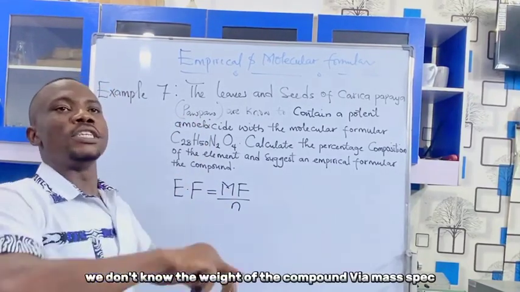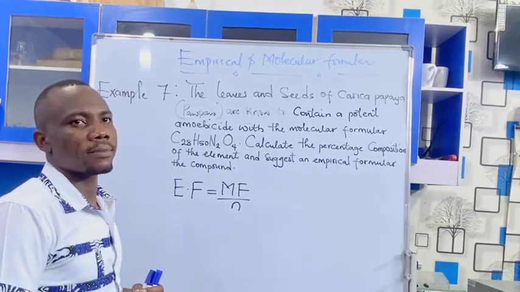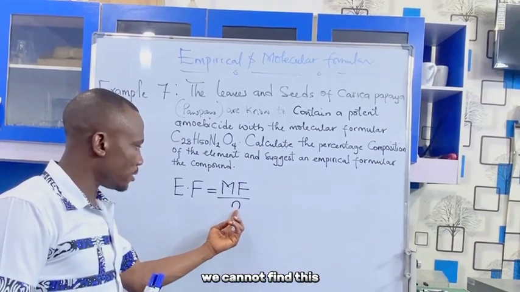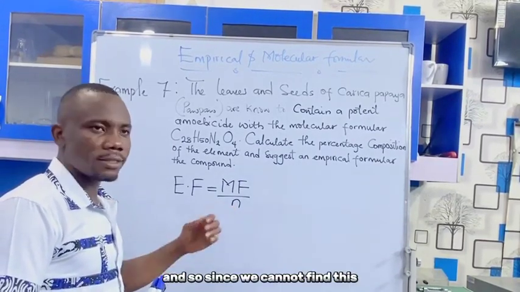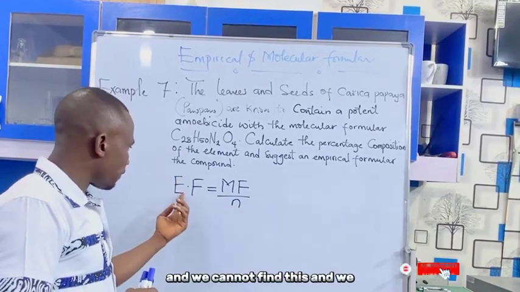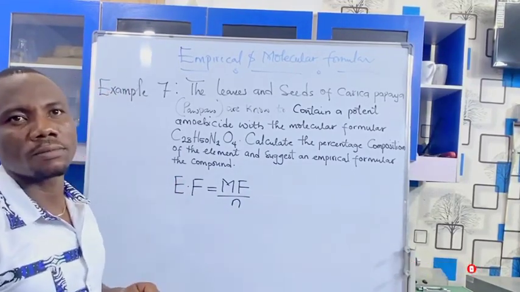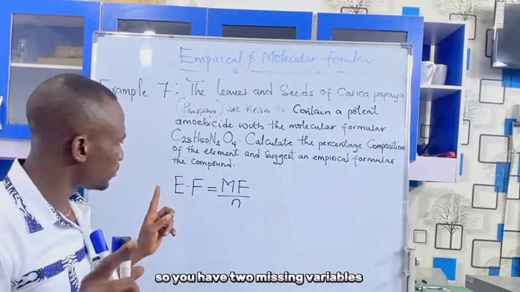We don't know the weight of the compound via mass spec, and so we cannot find it. Since we cannot find this, and we don't have this, we cannot get it at all. So we have 2 missing variables.